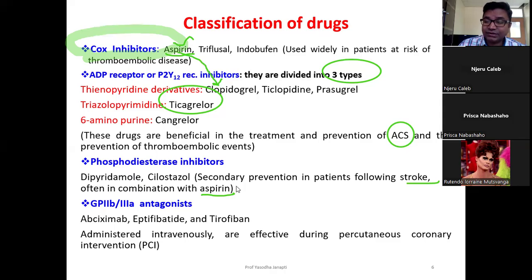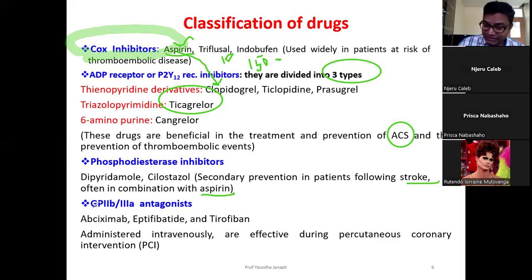WHO has suggested taking aspirin at low dose, 150 mg to 300 mg, for all people after 40 or 45 years, because nowadays many people are getting cardiovascular issues. That is only a suggestion, advisory. You should take the doctor's advice before taking it.